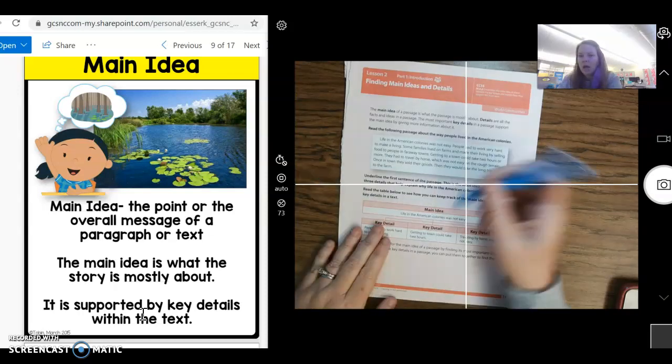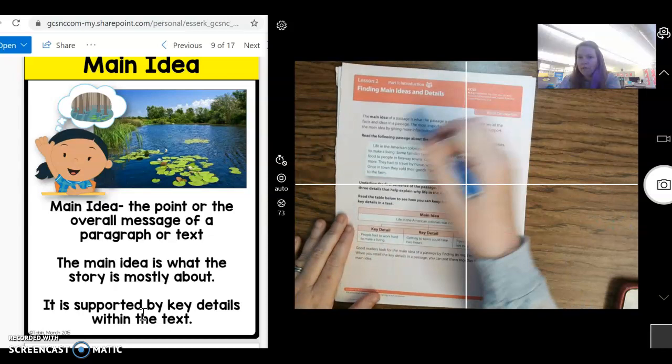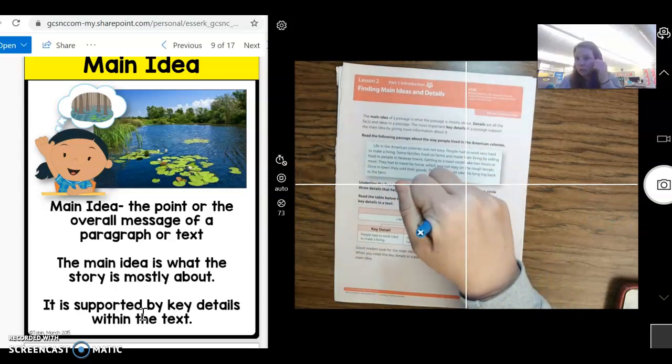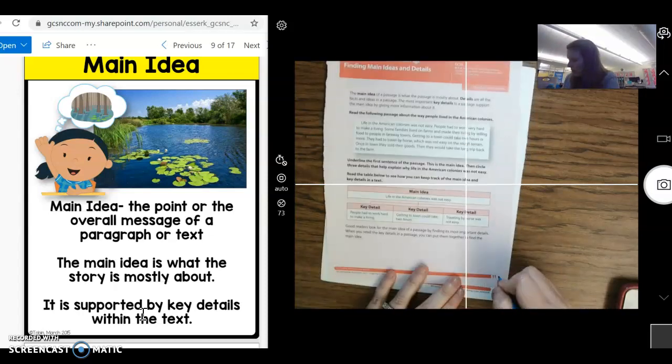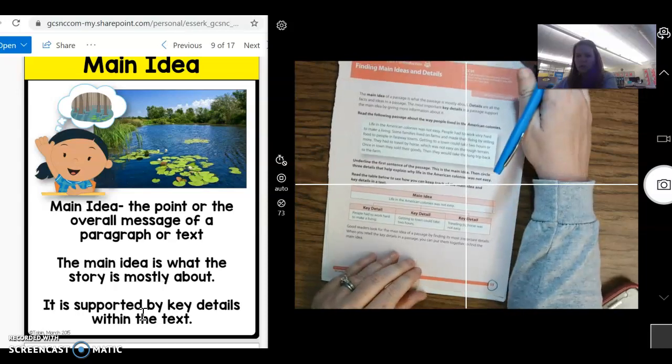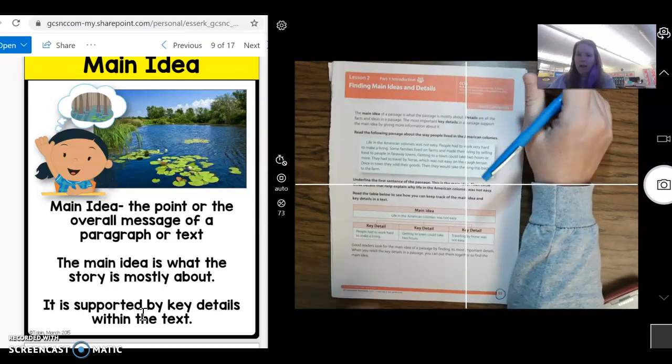My in-person people, you have this in your folder, and my remote scholars, you have this that you either picked up from school or Miss Esther dropped it off at your house. If you'll pause your video and make sure you have this packet, today we are on page 11. It should be the first page in your packet.